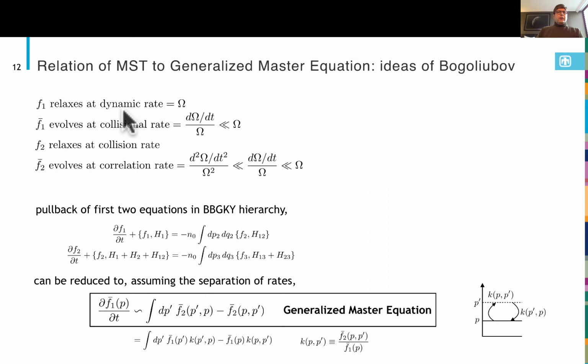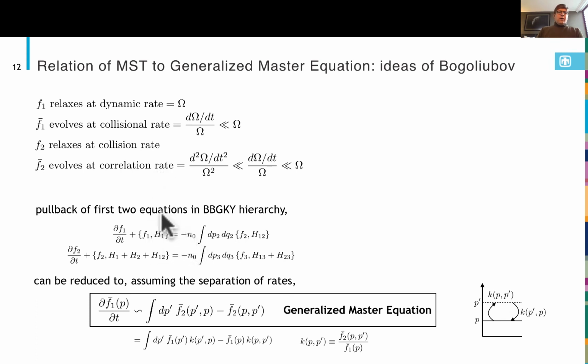Now F1 has a very fast dynamical timescale which is associated with the wave oscillation or some type of atom-like periodicity. So on a dynamic timescale, F1 will become a constant along that orbit. And then that constant F1 will evolve on a much slower time scale associated with the collision rate. F2 will relax on this collision rate and will evolve at the correlation length.